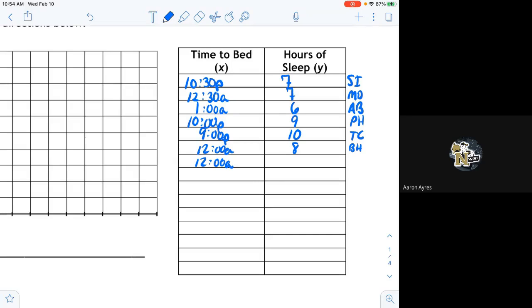How many hours of sleep did you get? 7. Okay. Let's see. Last night for me it was closer to 11, and I was up this morning at 5, so I got 6 hours of sleep. I went to bed earlier last night, but I couldn't fall asleep.